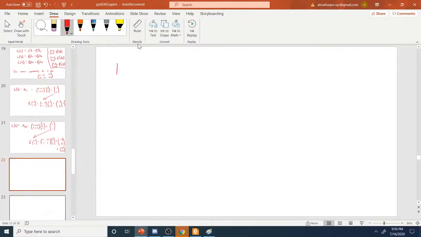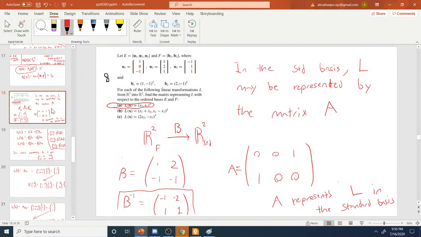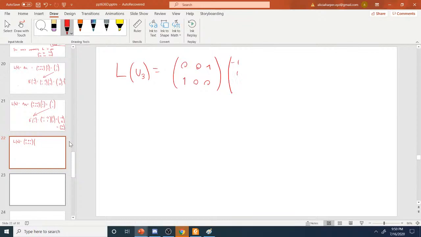And then finally, I have to compute L of U3. This is going to be 0, 0, 1, 1, 0, 0, multiplied through by negative 1, 1, 1. And so this will give me 1, negative 1.